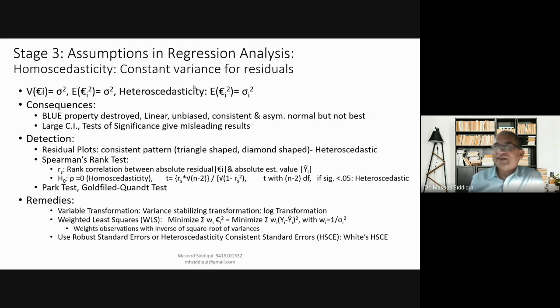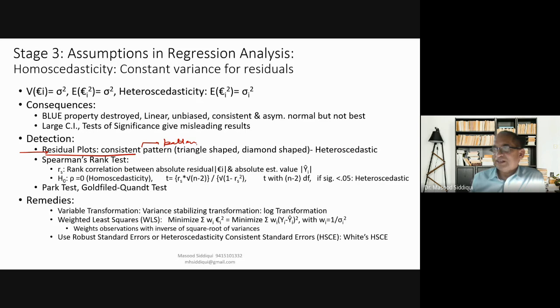In the same way, heteroscedasticity can also be examined. How can that be examined? By examining the residual plot. If there is a pattern, the pattern shows heteroscedasticity.